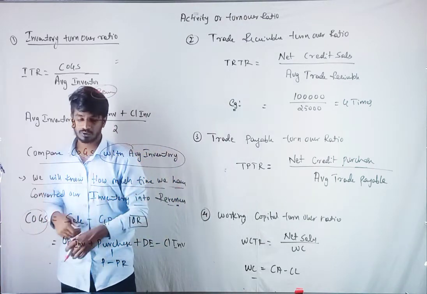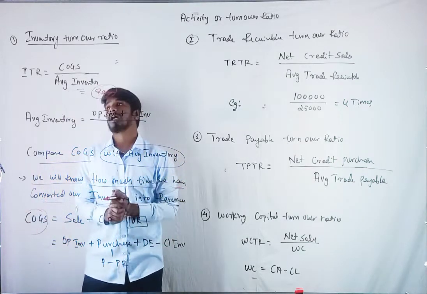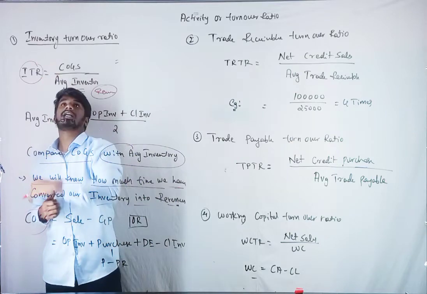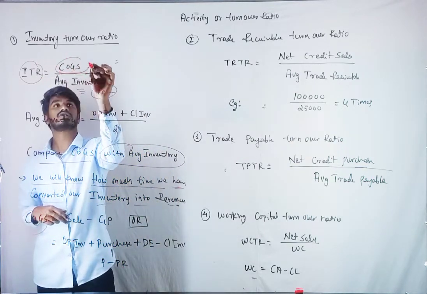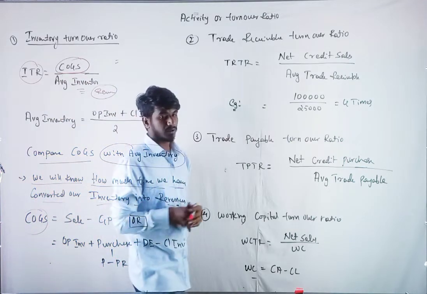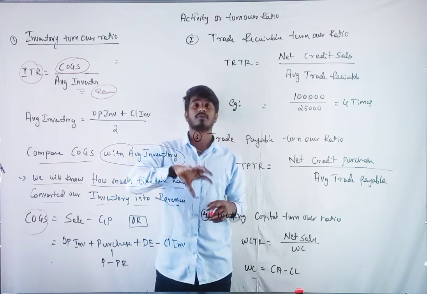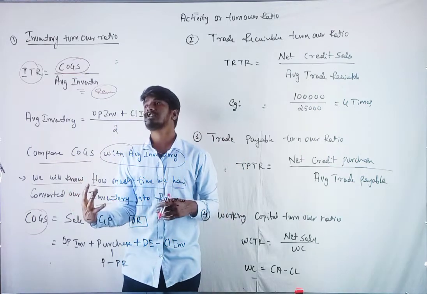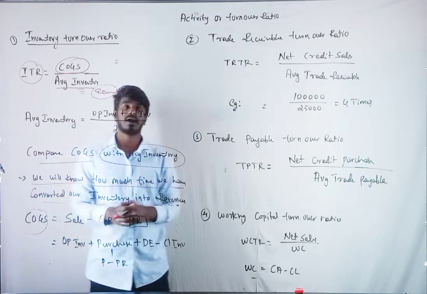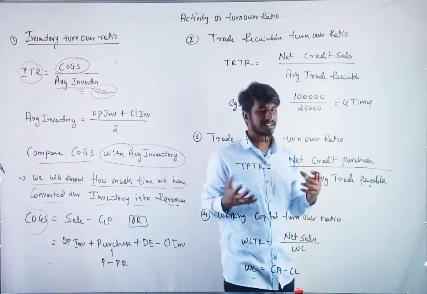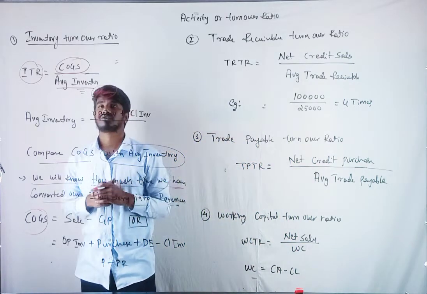Let's go to the formula. Inventory turnover ratio is equal to cost of goods sold, that is, whatever goods sold, how much cost you have incurred, divided by average inventory. Average inventory means how much inventory you keep on average in the godown.